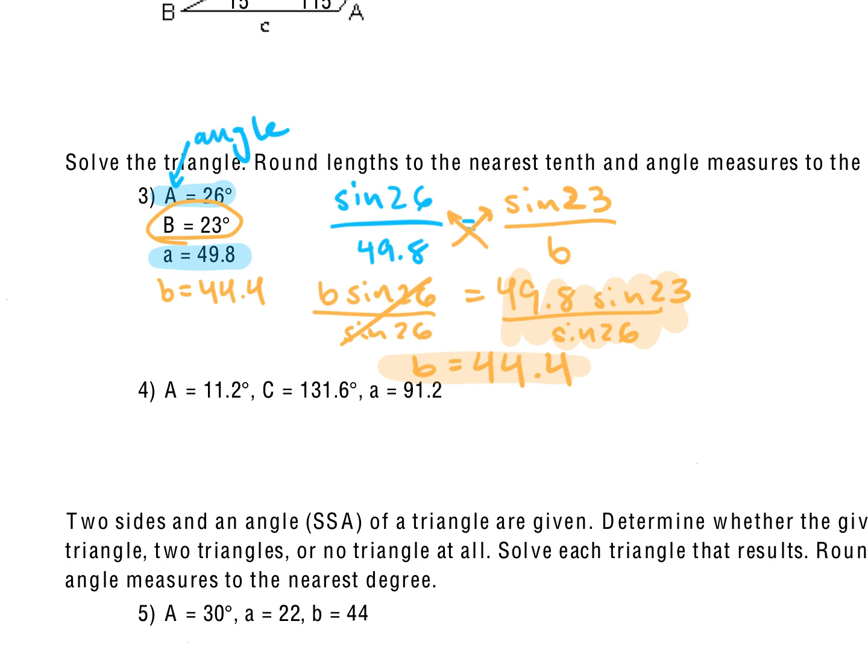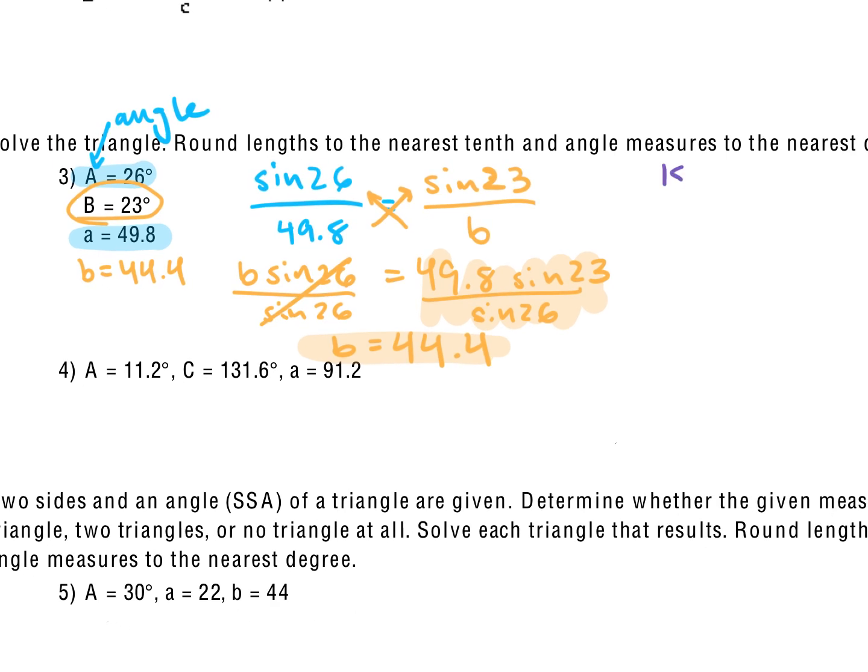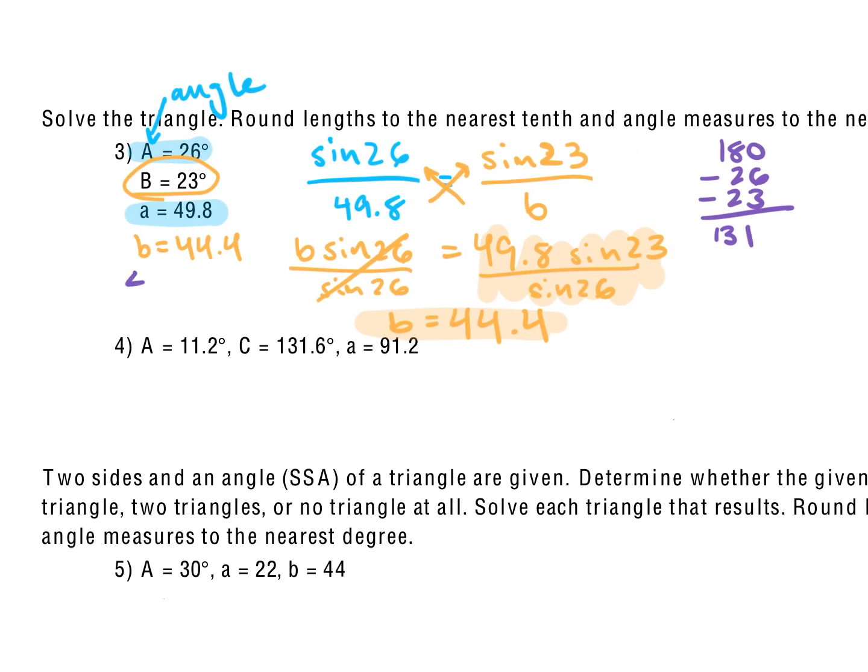Awesome. Add them and subtract from 180. So we're going to do 180 minus 26 minus 23. We get 131. So angle C is 131.